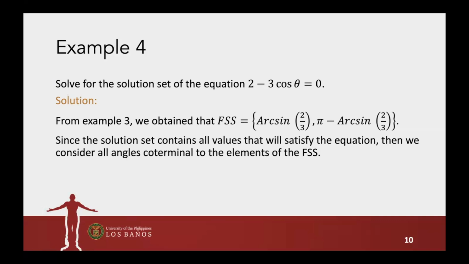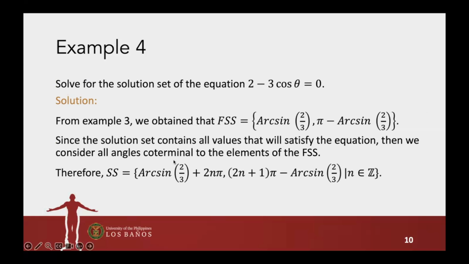So it follows that our solution set will be arc sine 2/3 plus 2n pi, and then pi minus arc sine 2/3 plus 2n pi.